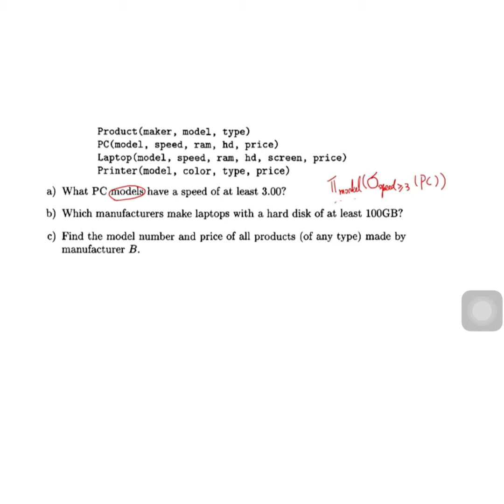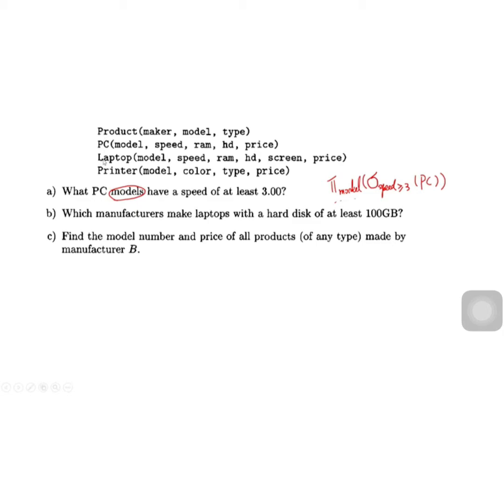Okay, the next one. Which manufacturers make laptops with a hard disk of at least 100 GB? All the information about manufacturers is in product, and the HD information of laptops is in laptop.